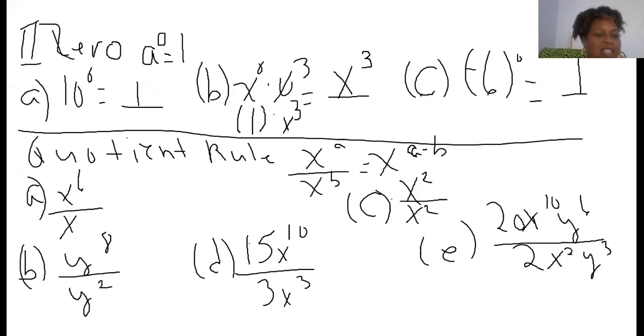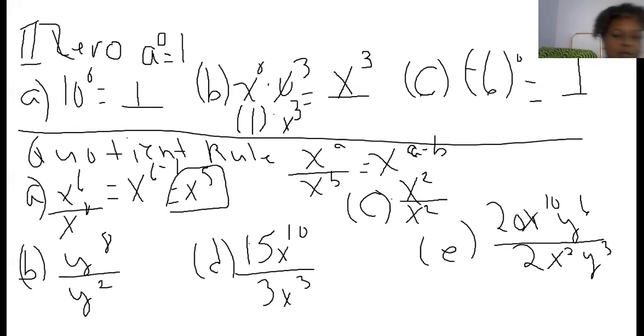What we first identify is the exponents, x to the 6, is where the subtraction will occur. And this x is considered an imaginary exponent of 1. So there I will simply show my subtraction, x to the 6 minus 1, and that will become simply x to the 5th power. Final answer.